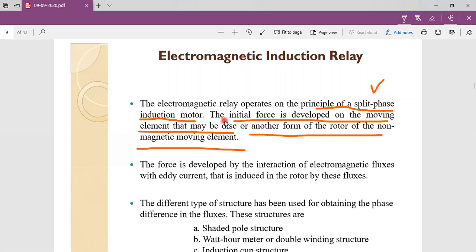Due to the produced torque, the disc or cup rotates freely in the air gap. The force is developed by the interaction of electromagnetic fluxes with eddy currents. As I told you, I1 interacts with phi 2 and I2 interacts with phi 1, so electromagnetic torque is developed on the surface of the disk, induced in the rotor by these fluxes.